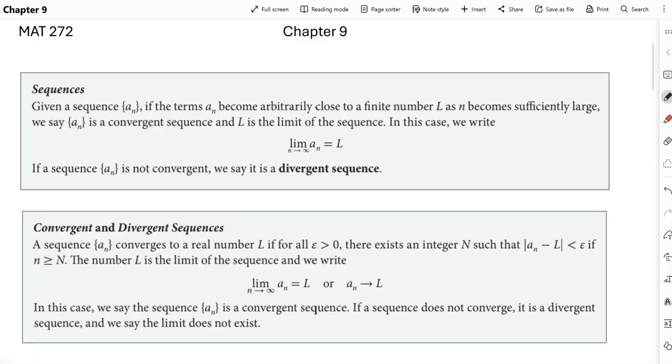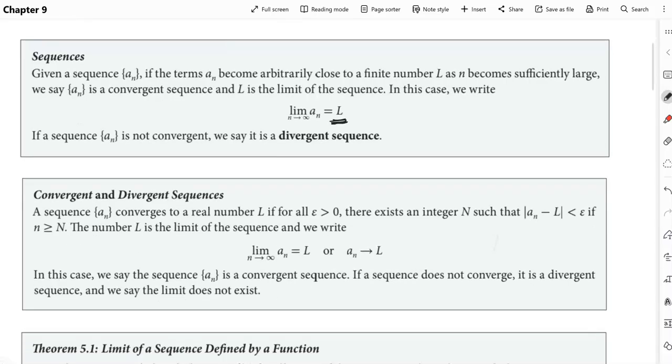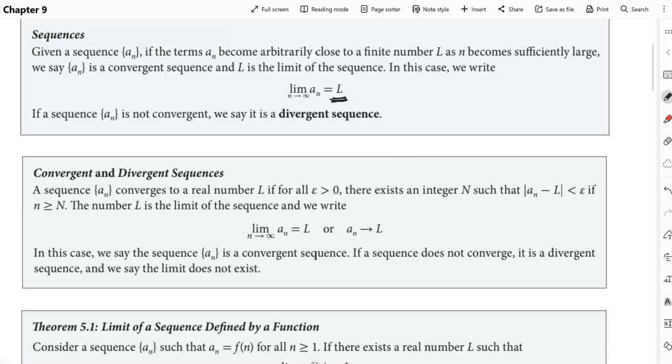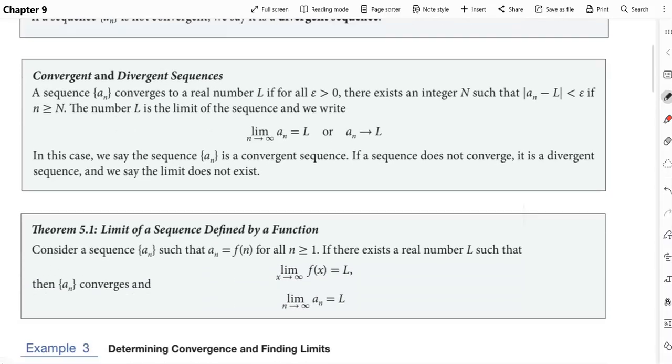It diverges if it doesn't go to a specific place. In this case, they're calling that place L. So we're approaching a finite number. So we're taking limits at infinity again. Notice as we're going to positive infinity, when we talk about sequences, we usually start with n equals 1, and we're using whole numbers to get there.